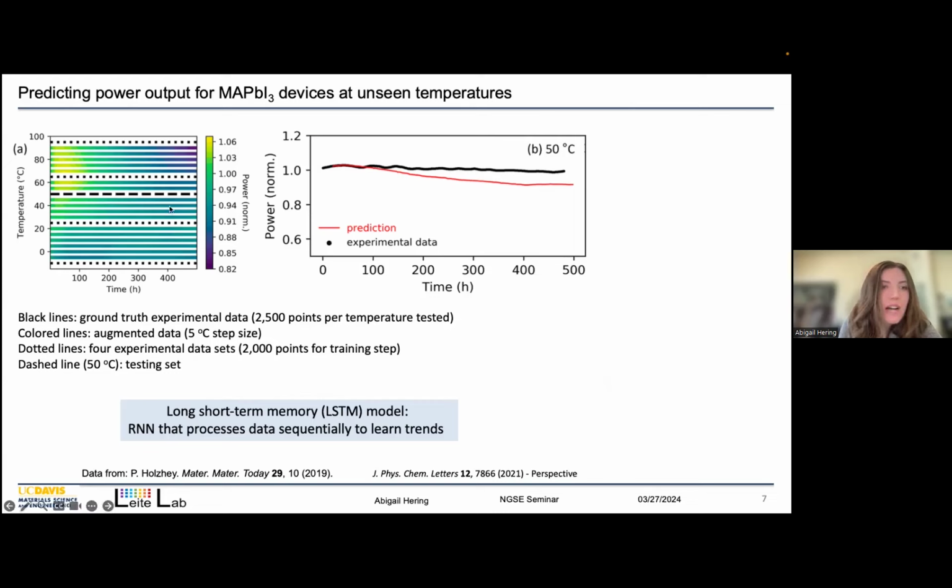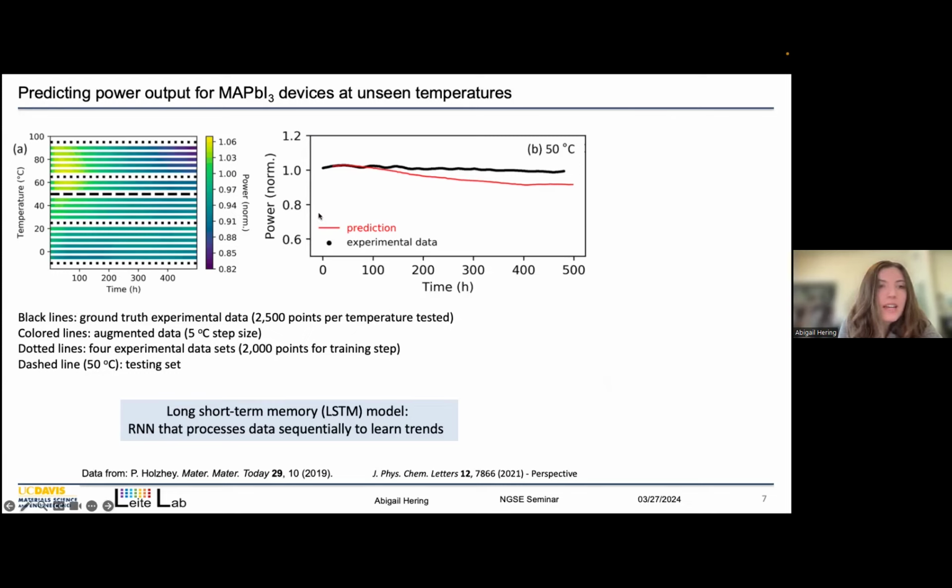So here the black lines correspond to experimental data. So it's these 5 different temperatures. And then the colorful lines correspond to augmented data.